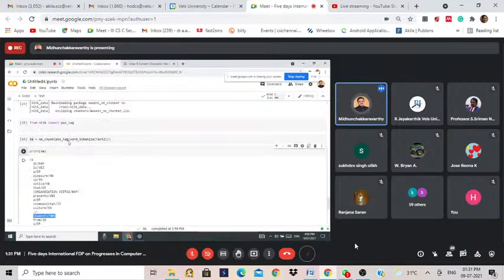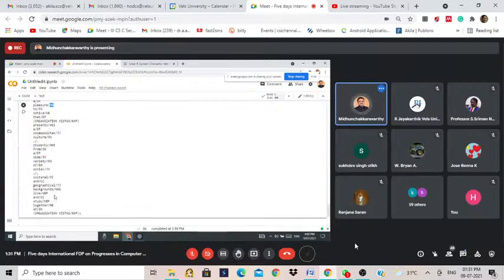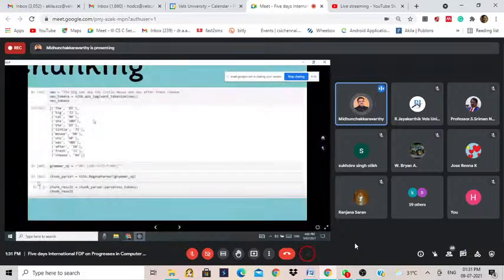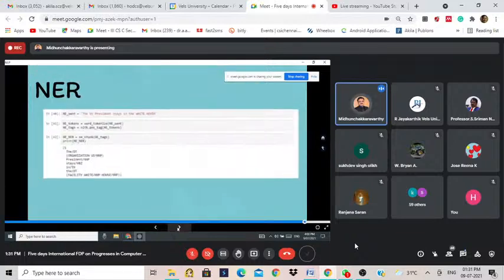And also, since we have used the pivot tags, all the parts of speech have also been made. You can see the verbs, pronouns, nouns, adjectives, everything has been found. And with that, they have also identified the organizations, which is the name entity I was talking about, when you use it in here.